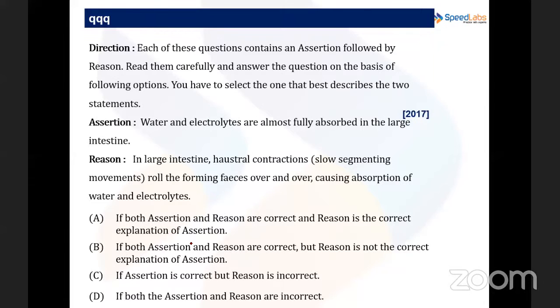Both statements are correct and reason is also the correct explanation of assertion. Hence, option A is the correct answer. I hope this question is clear to everyone.